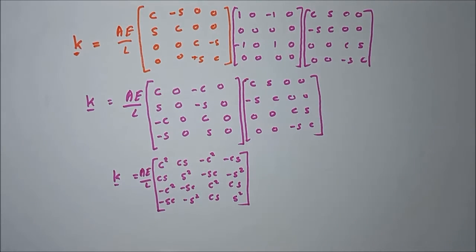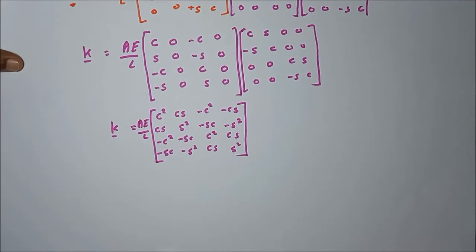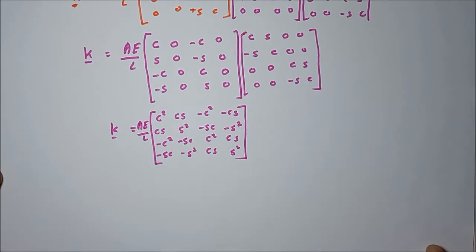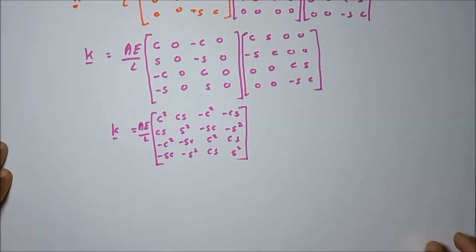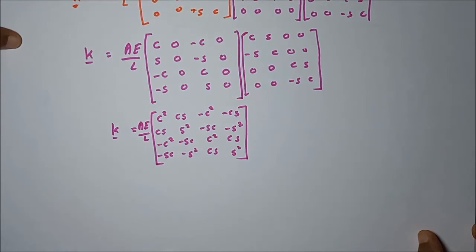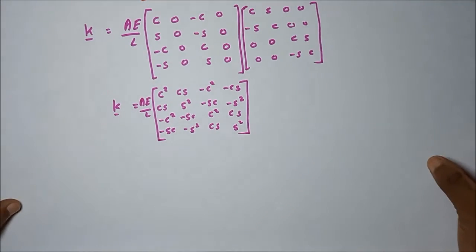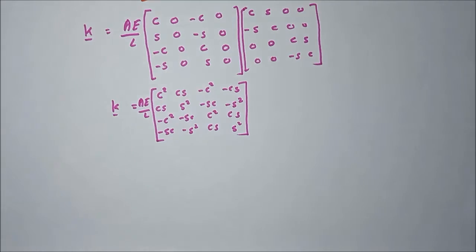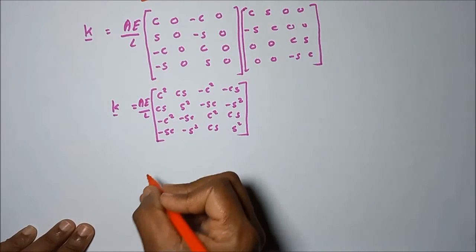This is the element stiffness matrix with reference to the global coordinate system. Then we can write the element equation with reference to the global coordinate system. If you know the element stiffness matrix, we can write the equation.